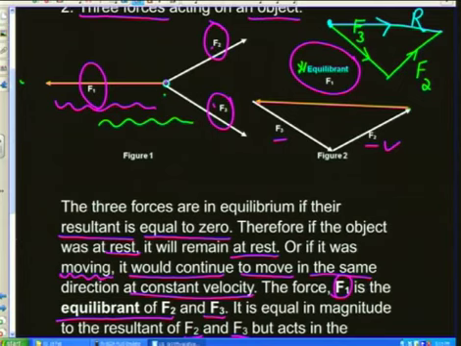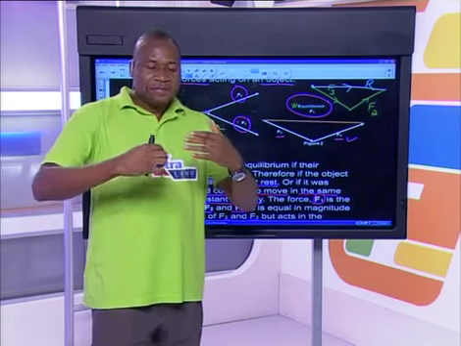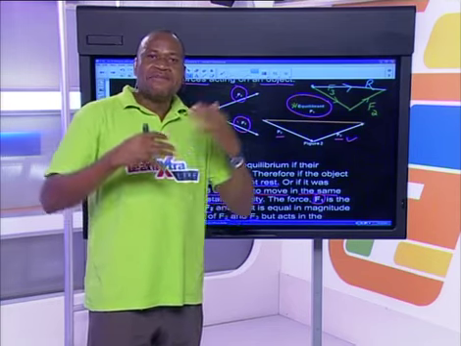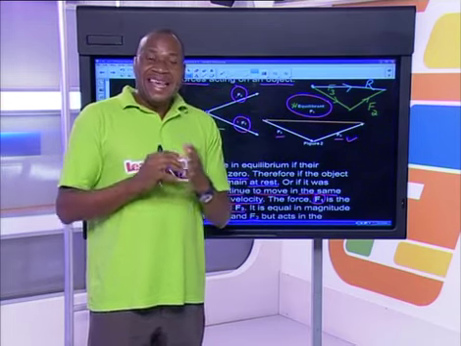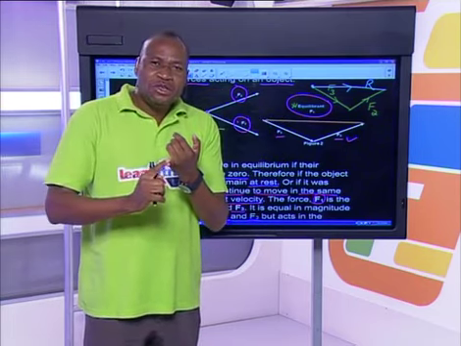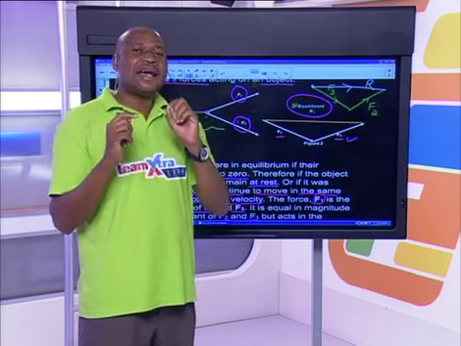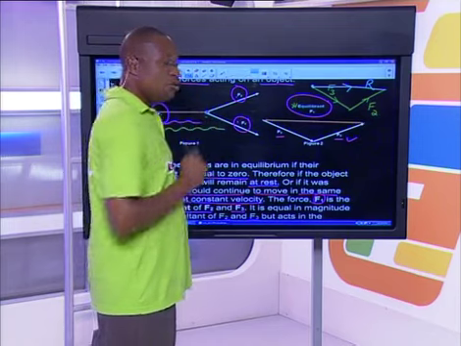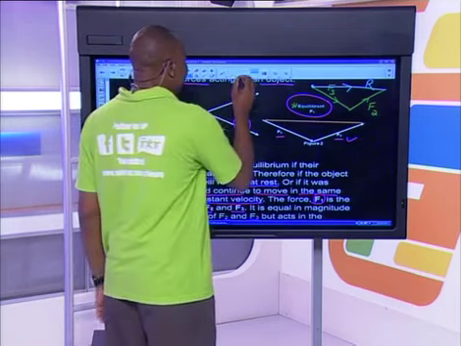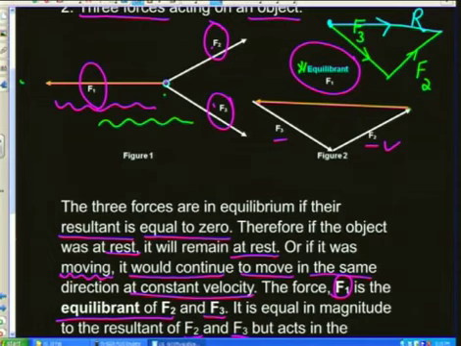Now, when we talk equilibrium, we said an equilibrium is that single force that brings about balance to a number of forces acting together. And we said it is equal in magnitude to the resultant, but it acts in the opposite direction to the resultant. Now I want you to check something here. Compare this diagram to that diagram. The two diagrams actually talk about the same situation.